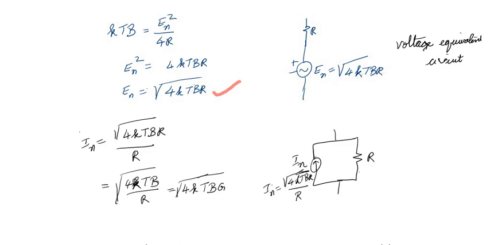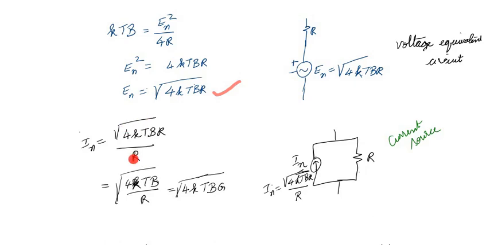Instead of a voltage source, I can represent this as a current source. What is a current source? A current source in parallel with a resistance. What is the current?